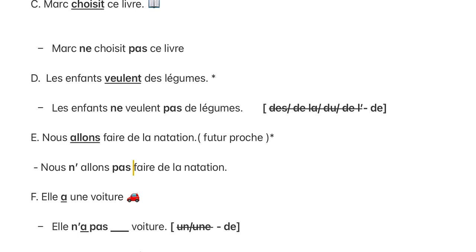But again, we have the presence of the partitive article de la. So, learning from the above sentence, de la will change to de. So the final answer will be Nous n'allons pas faire de natation. We are not going to do swimming.